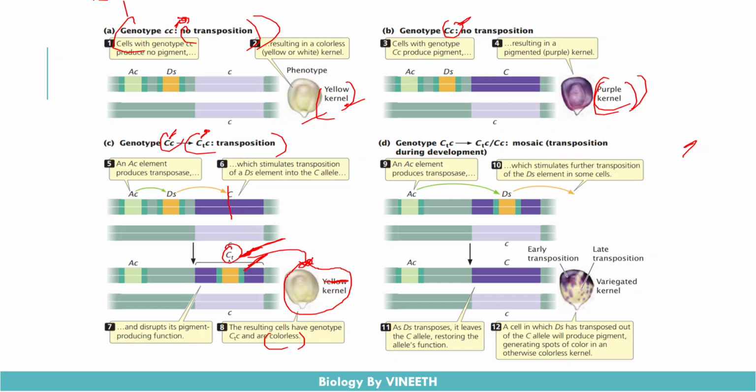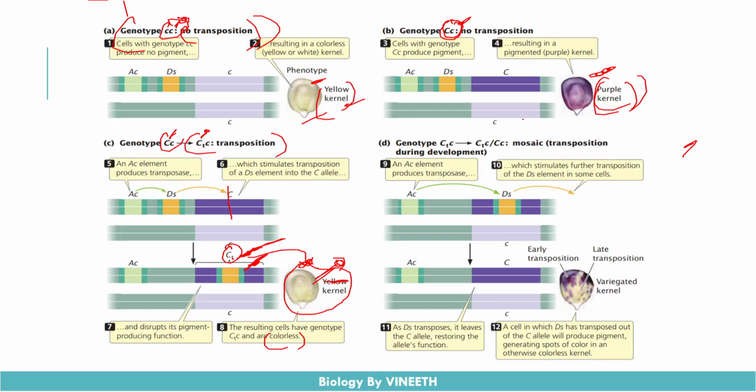So the recessive is involved in the production of the yellow color kernel, and the heterozygous dominant condition is involved in the production of the purple kernel, while if any transposition happens in the chromosome and the DS element gets inserted into the dominant allele of this purple color pigment gene, then the pigment gets disrupted and we will produce a colorless kernel, or you can also call that a transparent corn kernel.